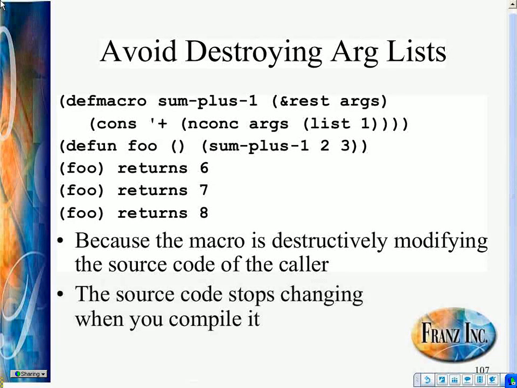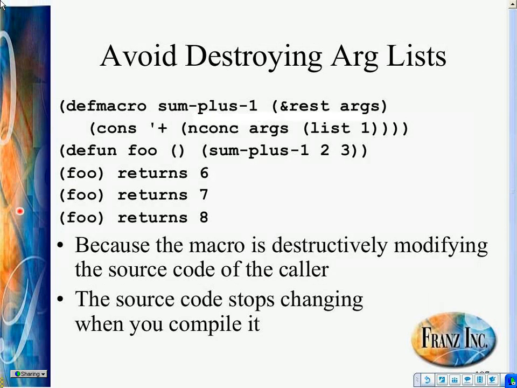Here's another rather subtle problem with macros where you are destroying the argument list. So here we have sum-plus. It takes a bunch of arguments, and the result of this macro expansion is going to be a list where the first element is plus, and the remaining element is (nconc args (list 1)).